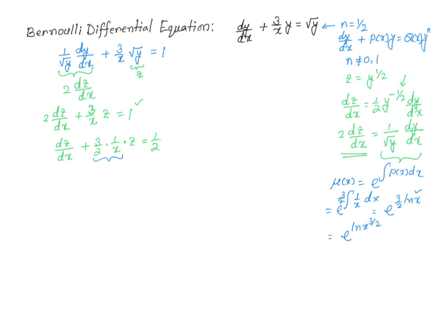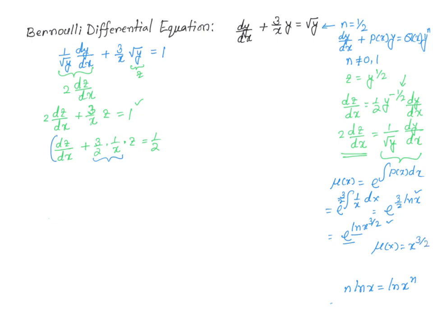In going from here to here, I used this formula, which is n ln of x is equal to ln of x to the power n. So remember that. But ln and exponential are inverses of each other. That will leave me with mu of x is equal to x to the power 3 over 2.